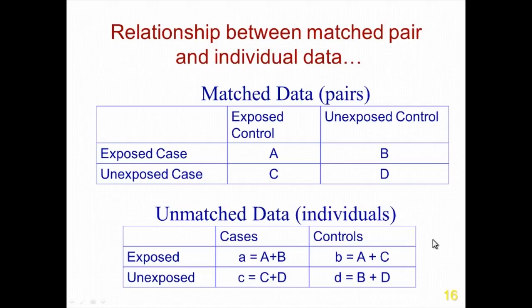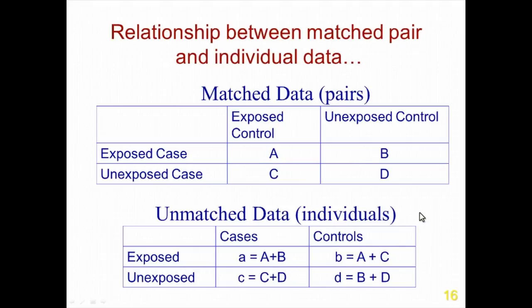So there is a correspondence between matched pairs and individual data. You remember A, B, C, D, and small a, b, c, d. So you can calculate the 2x2 table that you are most familiar with, cases and controls, exposed and unexposed. The small a will be A plus B, and so on.